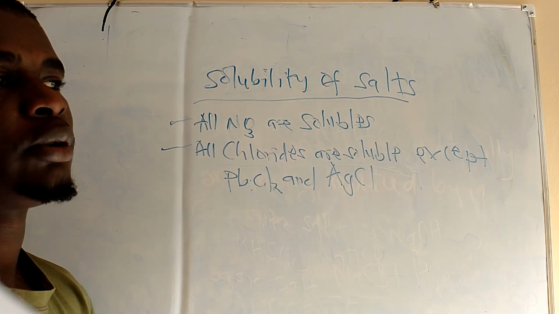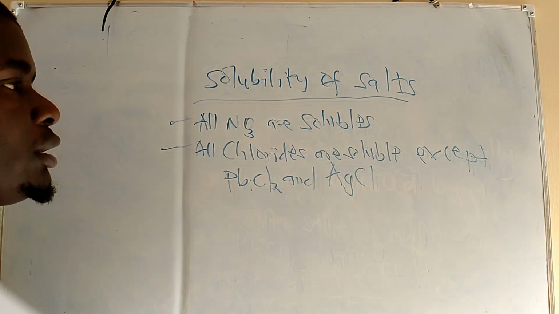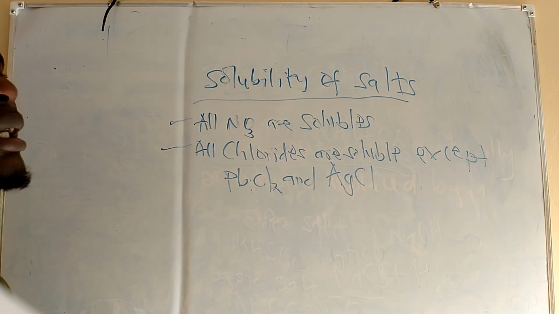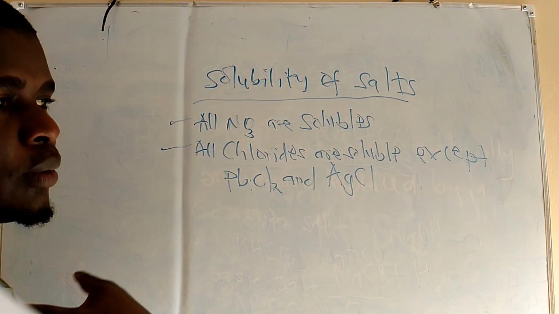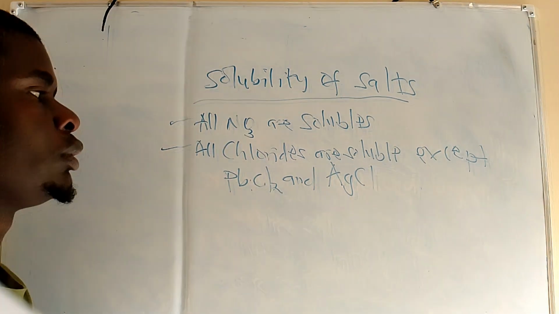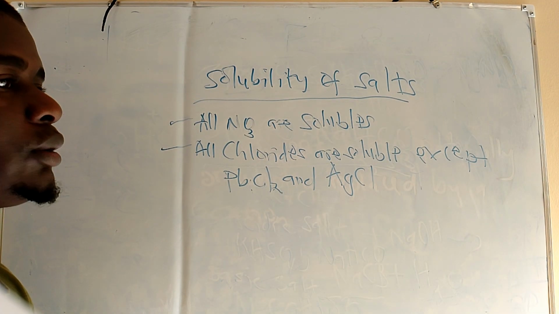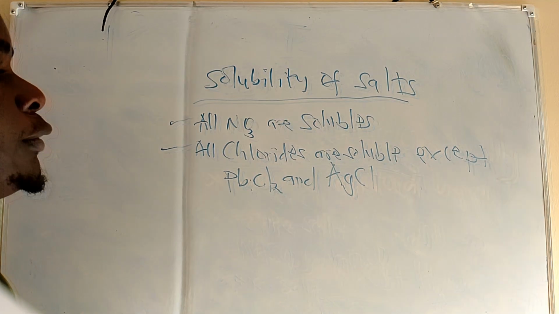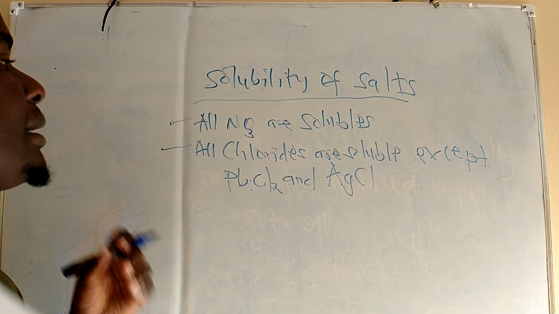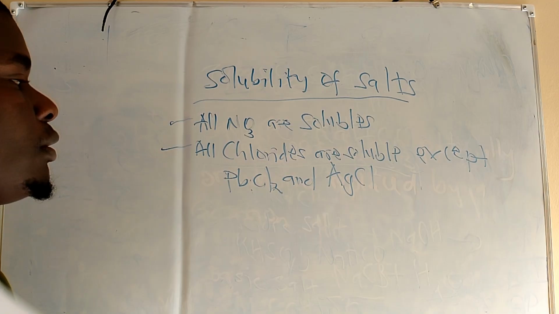You have to tell learners that they will be using this knowledge of solubility of salts all the way from Form 2 to Form 4, because it is quite crucial. So they have to master the solubility of salts.